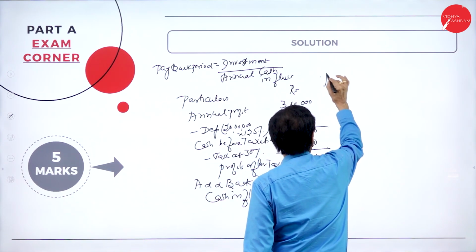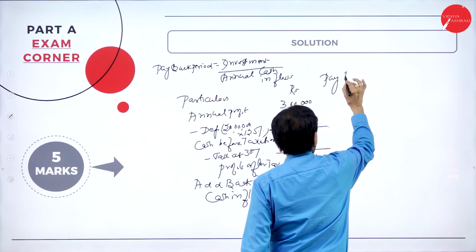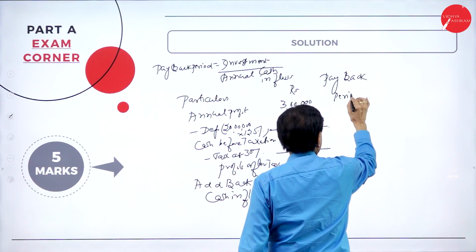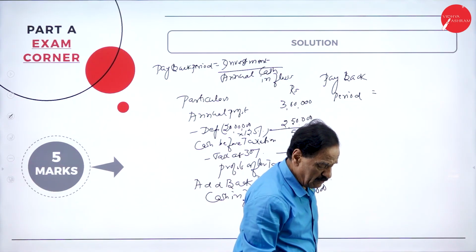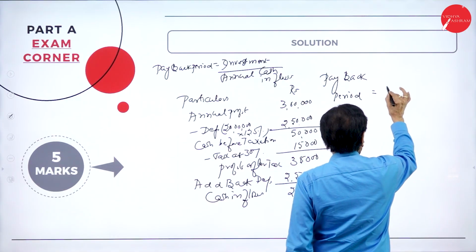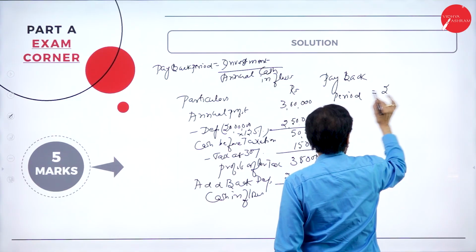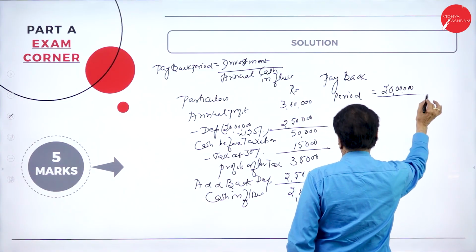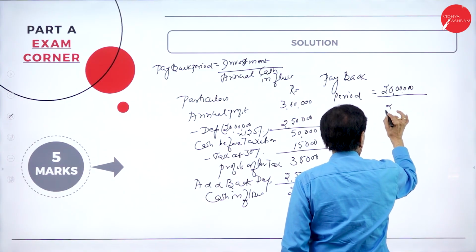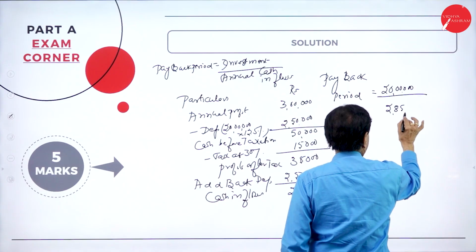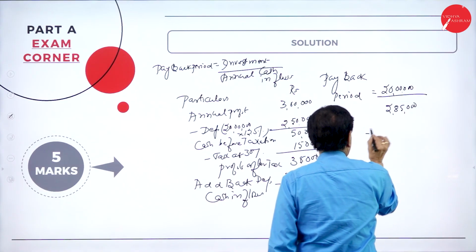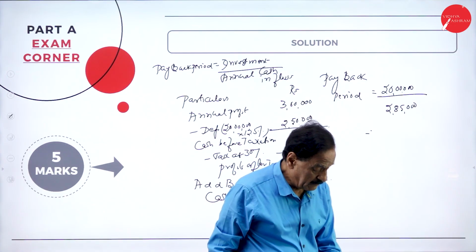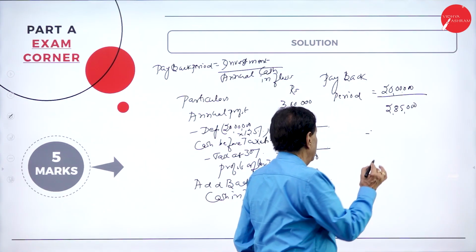Payback period. Initial investment 20 lakh divided by what is your cash inflow? 2,85,000. 20 lakh divided by 2,85,000 is 7.01 years.